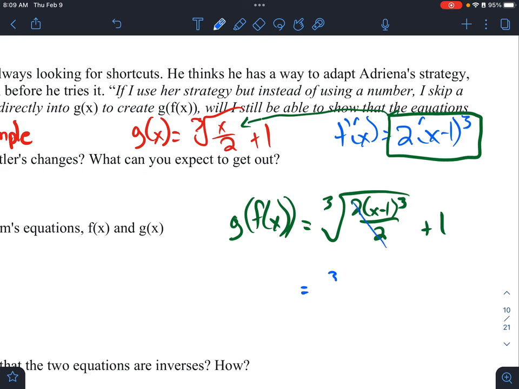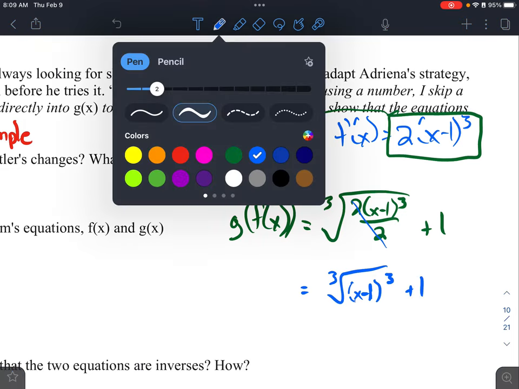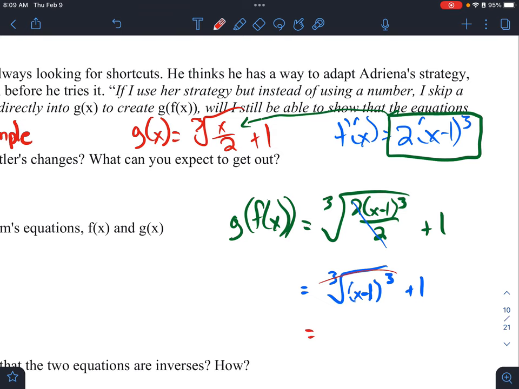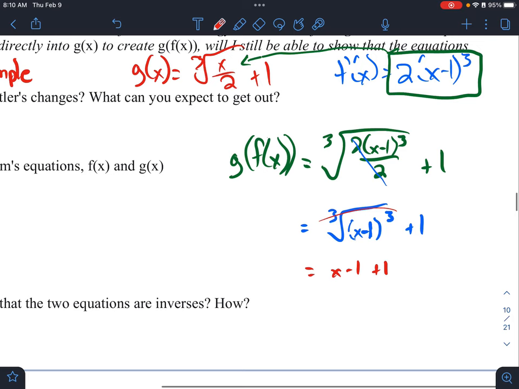Here, my 2's cancel and I'm left with the cubed root of x minus 1 cubed plus 1. Well, a cubed root of something cubed, again, cancels. So I have x minus 1 plus 1. And lastly, negative 1 plus 1, combining these is 0, and I just get x. So g of f of x gets me x.